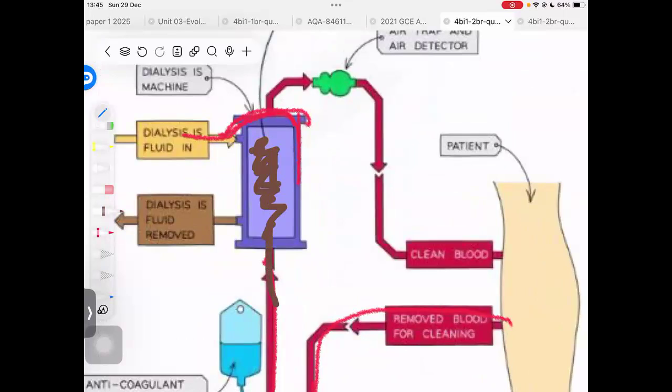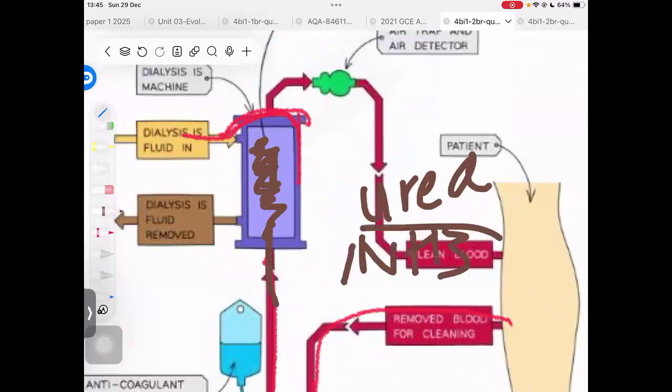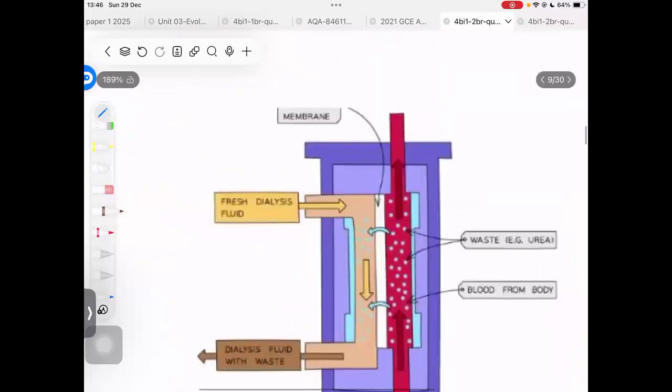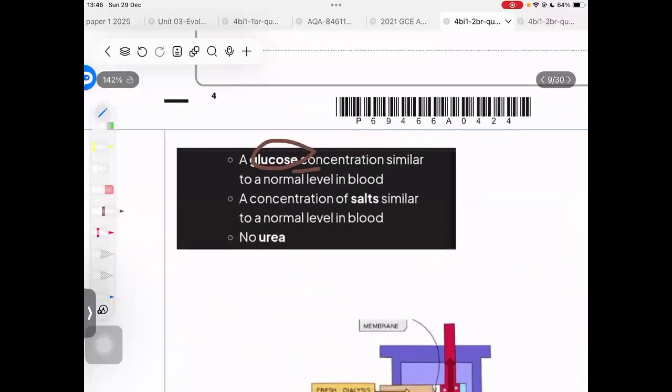We want to remove the excretory substances like urea and ammonia, the bad substances. We don't want glucose to be excreted from our body. Even in normal urination, we don't release glucose unless we have diabetes. So the dialysis fluid should have normal glucose concentration, similar to blood.